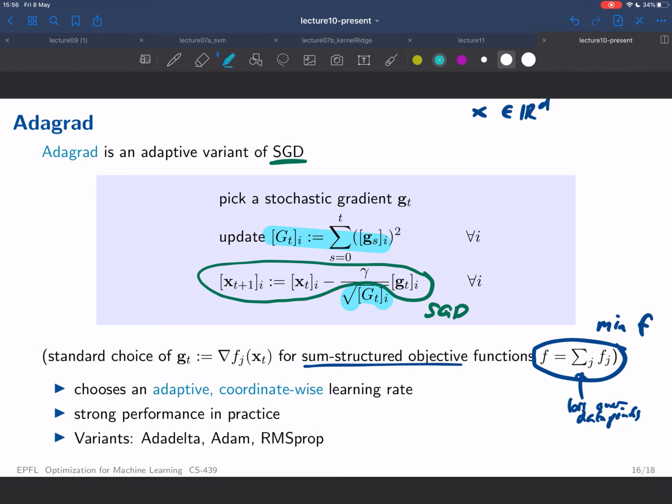What I'm asking is, what is a good learning rate for my first coordinate, which is one of the weights in my neural net? And what this is saying is that you should use the old gradients you had for that weight.